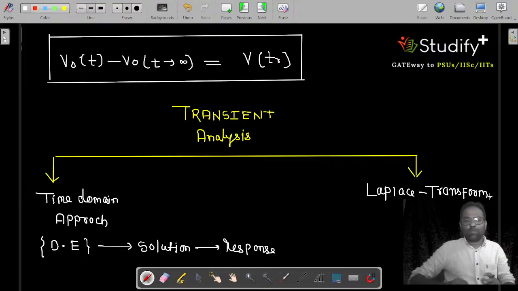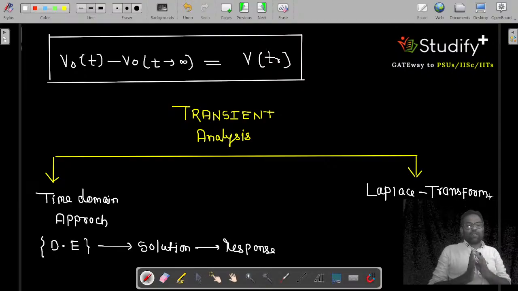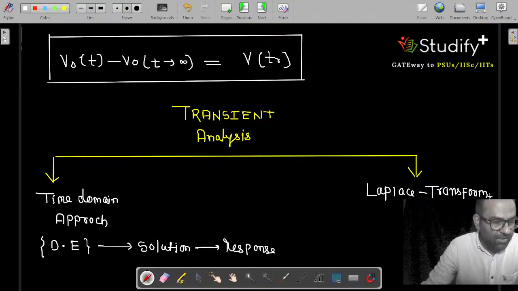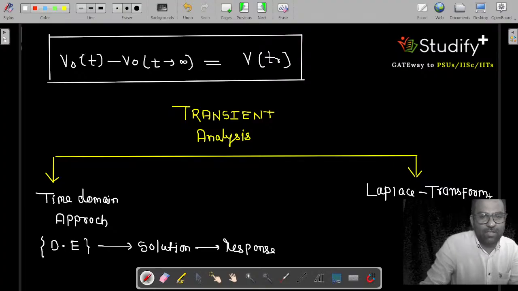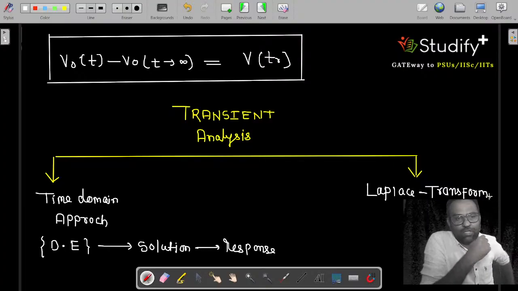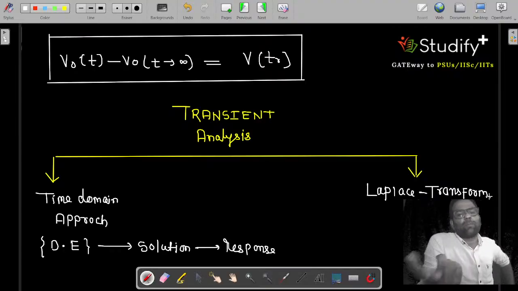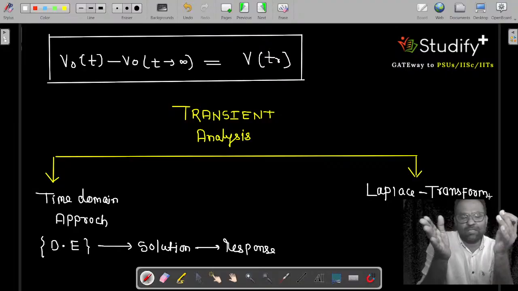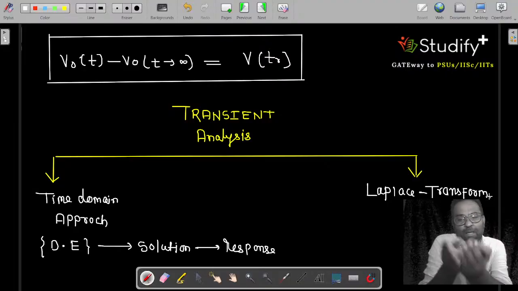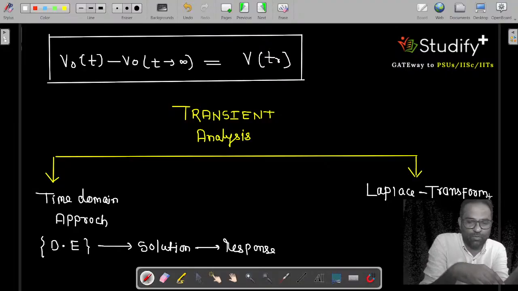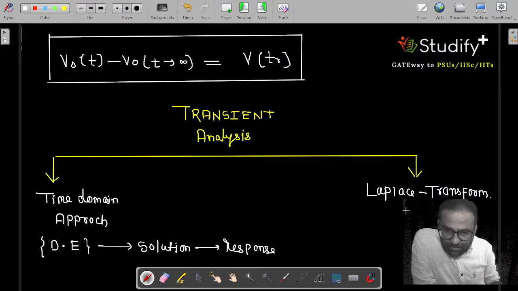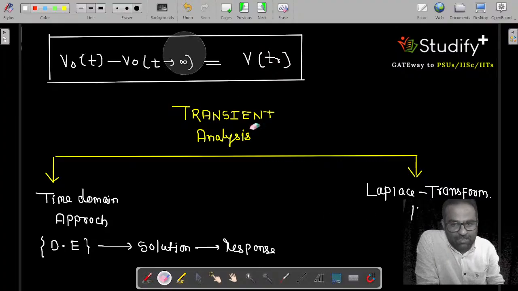The basic definition of Laplace transform is to convert a differential equation into an algebraic equation, and it is easy to deal with algebra, but with some rules. You cannot give a response in the Laplace domain. You have to bring it back into the time domain.